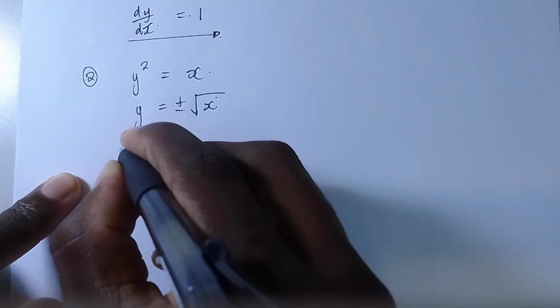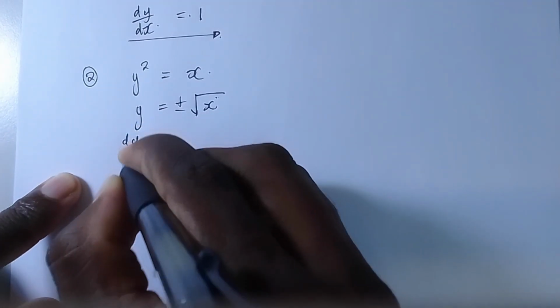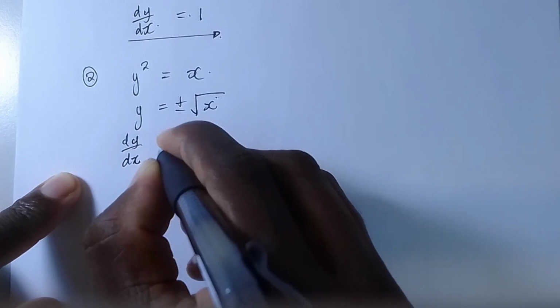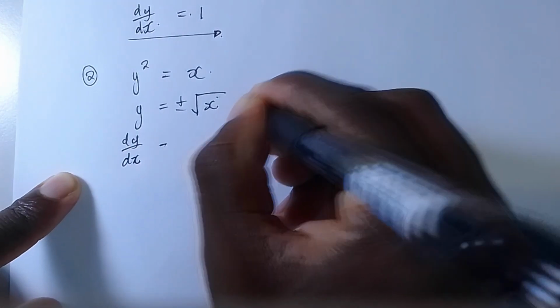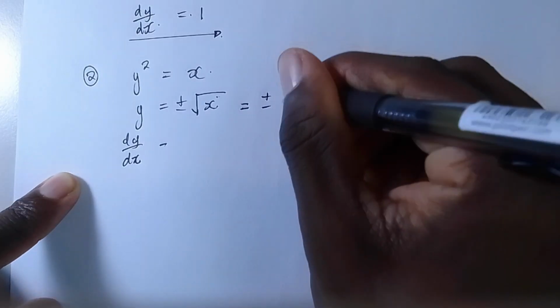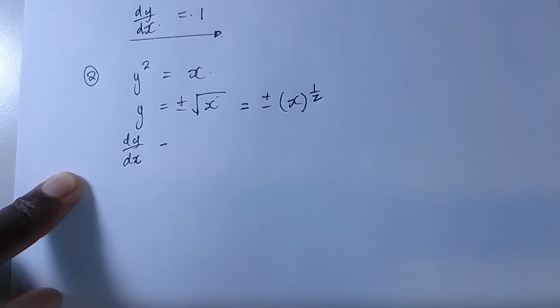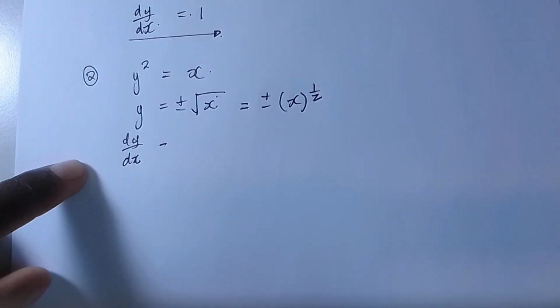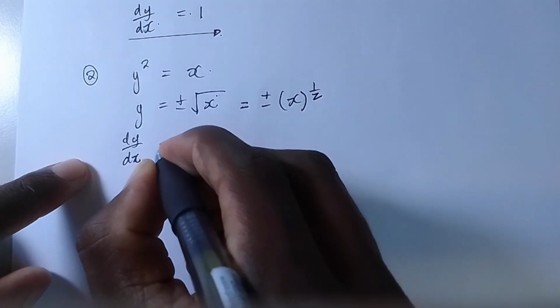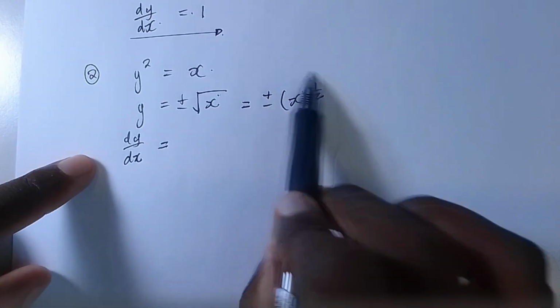Now, if we were using normal differentiation, you'd say dy/dx. First what we do is say plus or minus, then you say x to the power of 1 over 2. And then we say, now we are looking for the derivative of this.